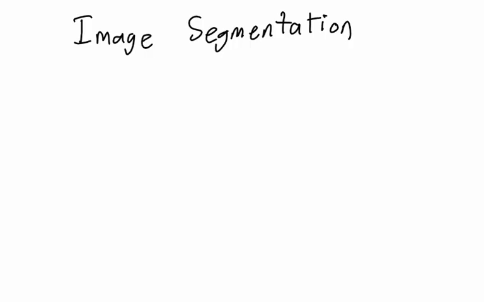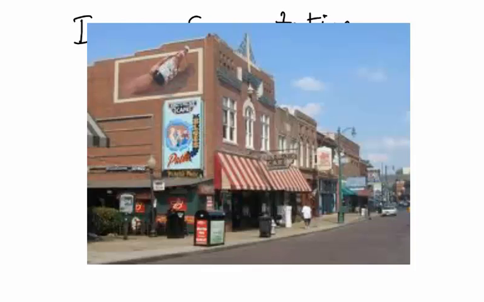Image segmentation is the task where we're trying to split up an image into the individual objects contained within that image. For example, I'm showing here a picture that I pulled off of a website showing a street scene. If we apply image segmentation to this image, we might be able to identify that there is an object right here, and that there is another object right here.